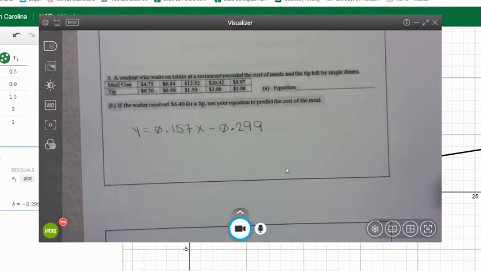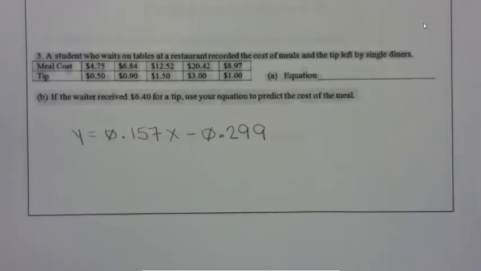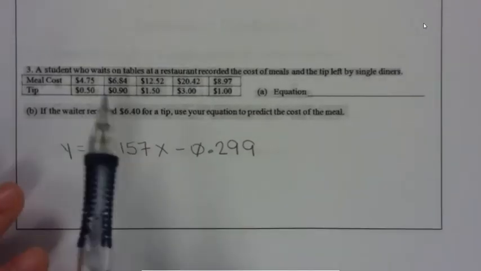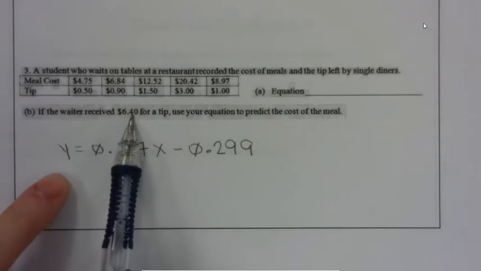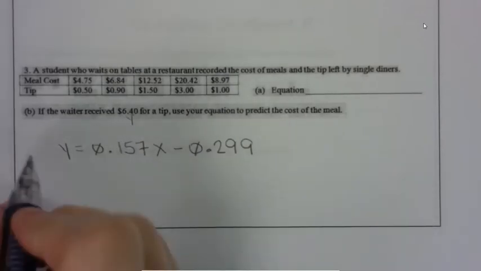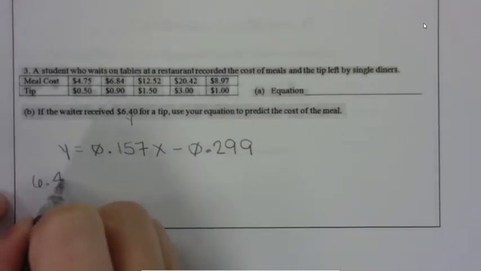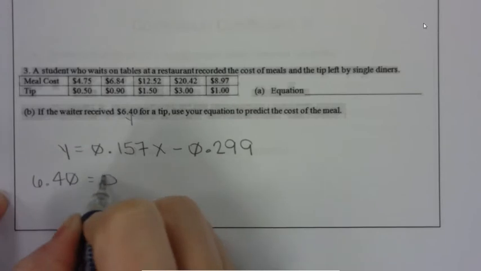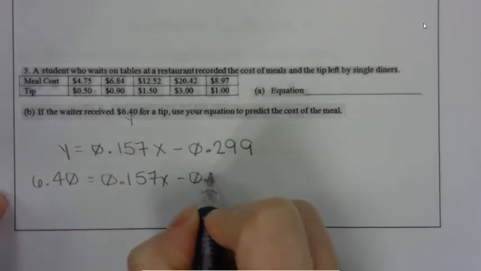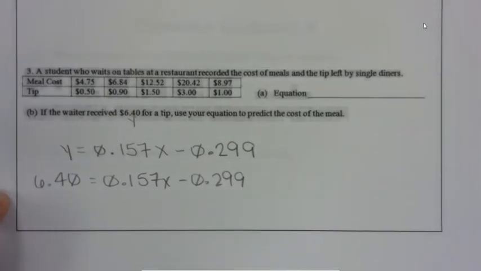So I'm going to come back to my document camera here, because what it's asking us to do is, they gave us a tip, so they want us to determine the cost of the meal. So they gave us a y value. So $6.40 was the tip. And they want us to work backwards and predict what the meal cost was.